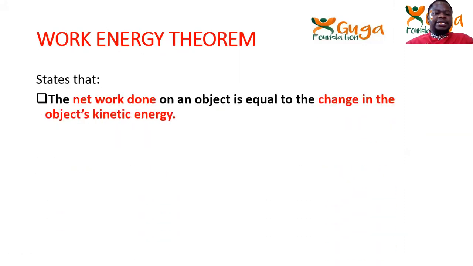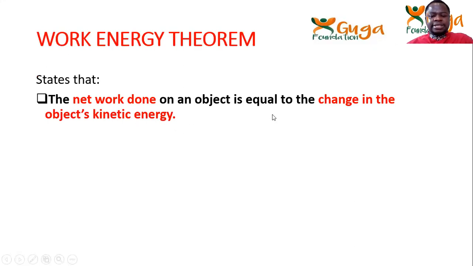Now let's talk about the work energy theorem. We talked about energy, we talked about work. Remember when we talked about the cases of work. The work energy theorem is a combination of work and energy. It says that the net work done on an object is equal to the change in the object's kinetic energy.